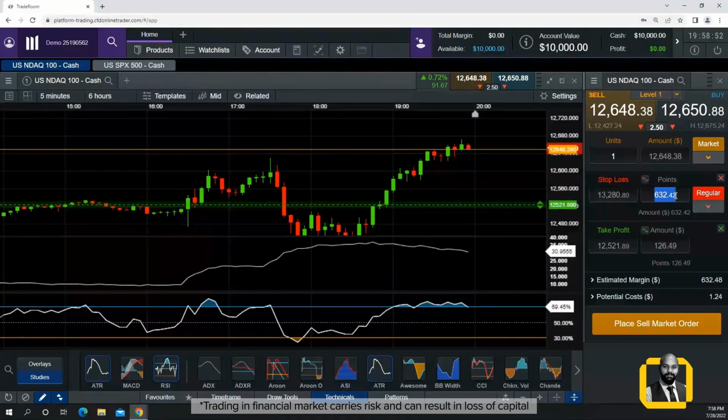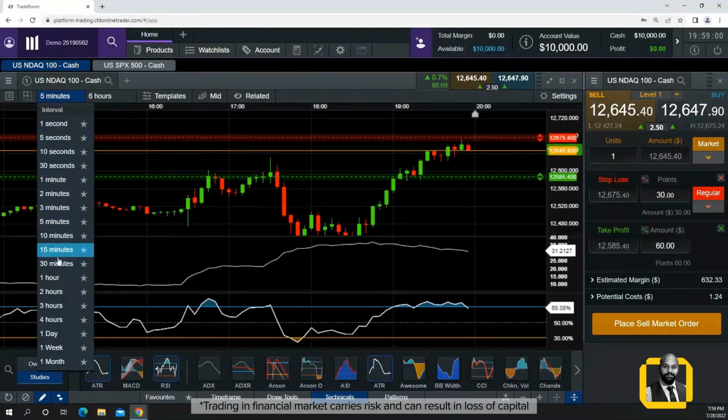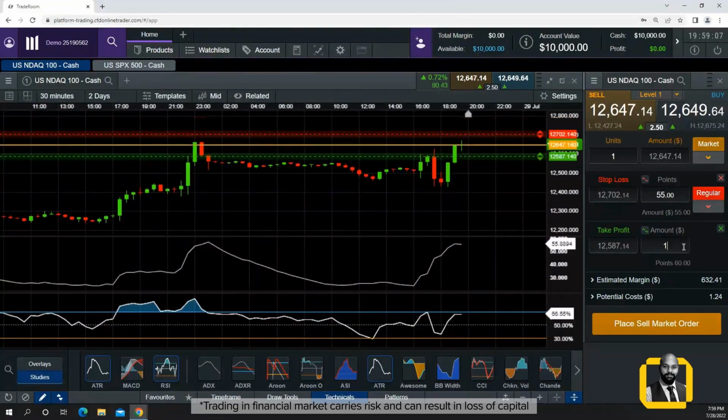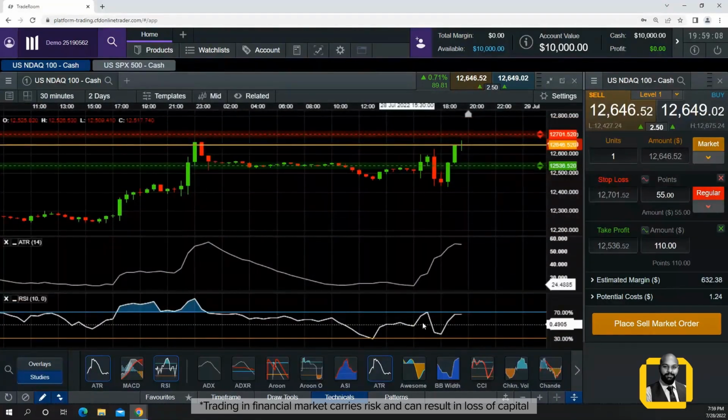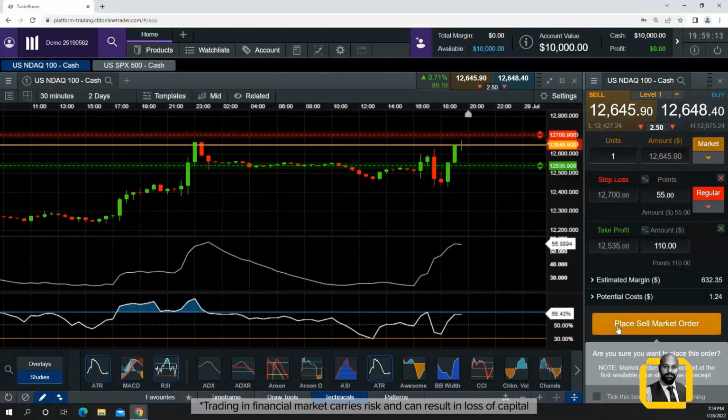You're going to keep a stop loss of $30 and a take profit of 30, or you can keep about $60 as well. You can look at a bigger time frame, a 30-minute time frame, which shows a $55 move on 30 minutes. So let's do 110. RSI is also pretty much at overbought. I take a sell.